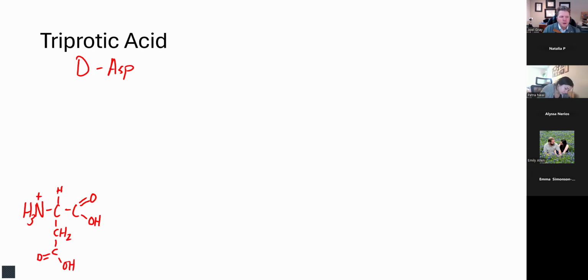Okay, so there is aspartic acid. Now I'm going to switch colors so that I can write in my pKa values. The C termini has a pKa of 2.10. The R group has a pKa of 3.86. The N termini has a pKa of 9.82.